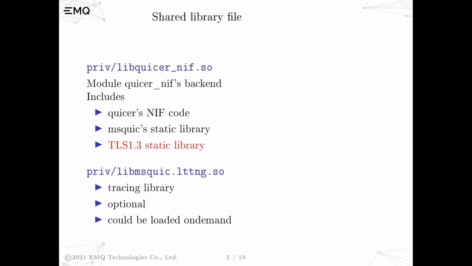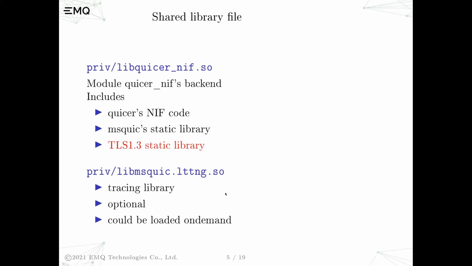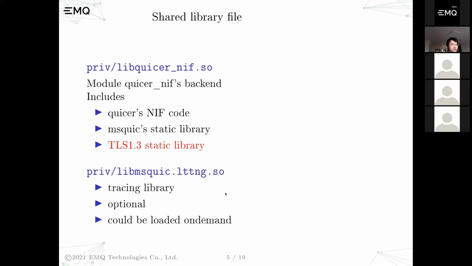I just let you know that when you are doing troubleshooting, you should look at the right place. The second library is basically for tracing. It's called libmsquic-lttng. As you can see, it's for the LTTNG tracing framework, and it's dynamic and optional. So you can load it only when it is needed.